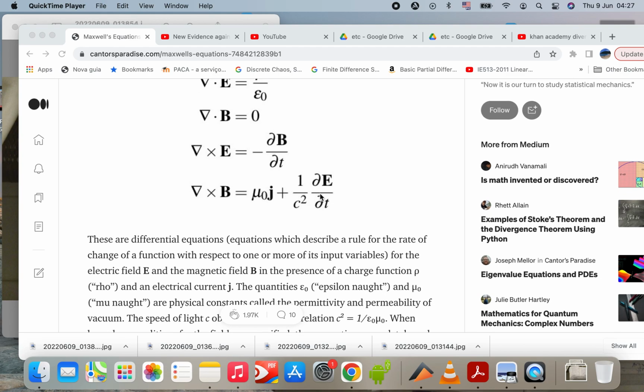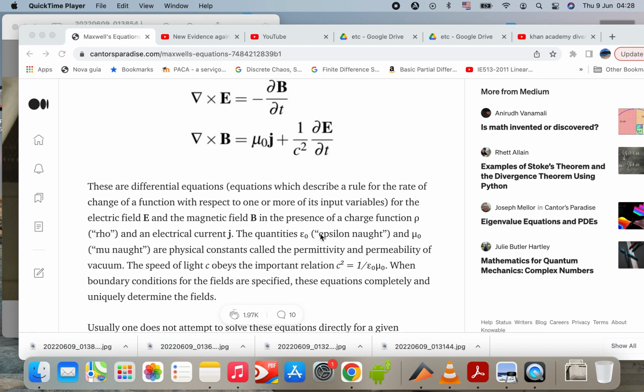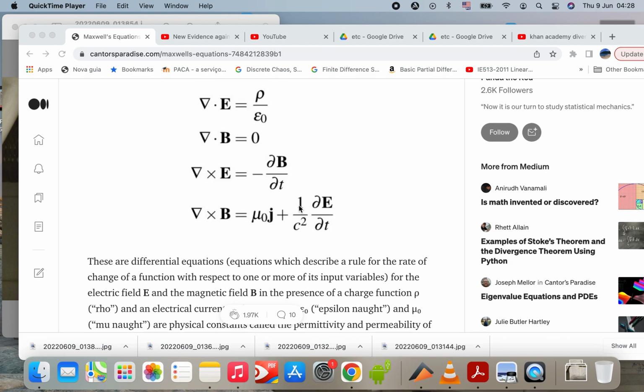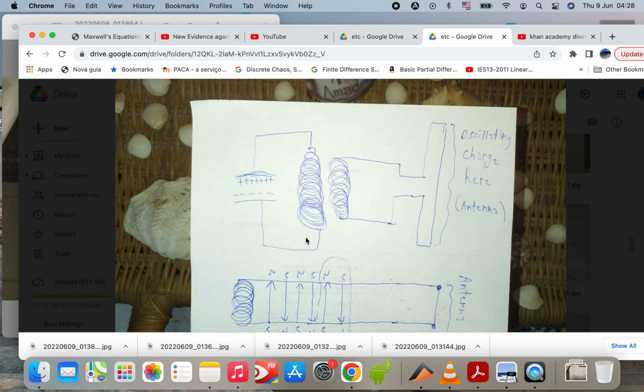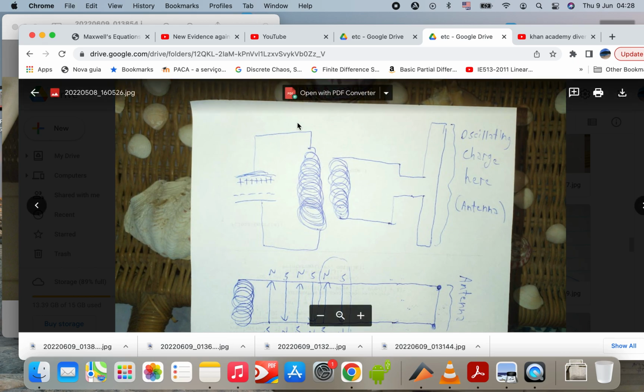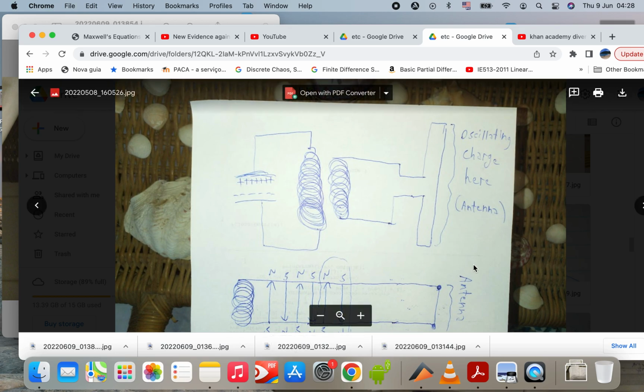Well, first of all, let me correct something I said earlier, which is that this J here is some component of a vector. No, J is an entire vector representing the current, as explained right here, in the presence of a charge function rho and an electric current J. That's going to be very doable in a computational example, because what we're going to be looking at is something that had an electric current in the first place, at least on the left-hand side of the picture, generating our electromagnetic wave on the right side of the picture.